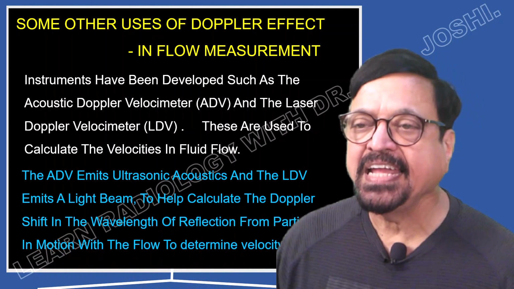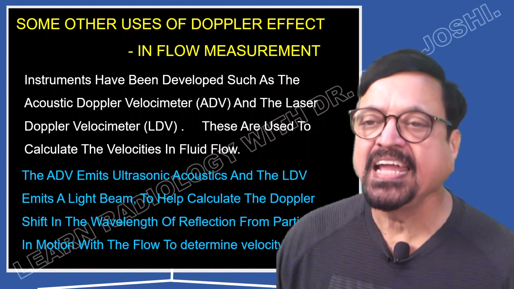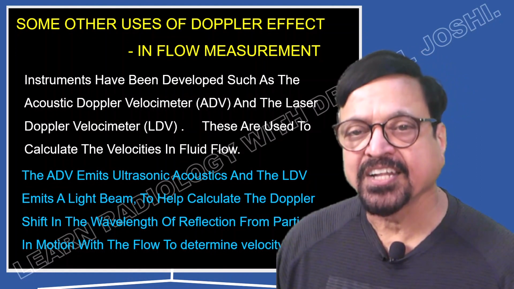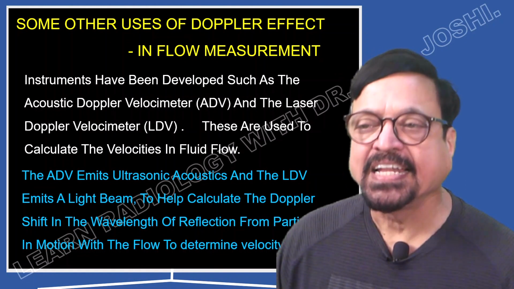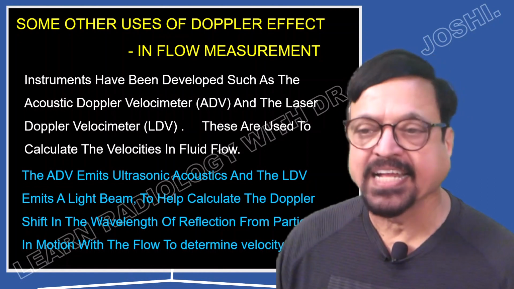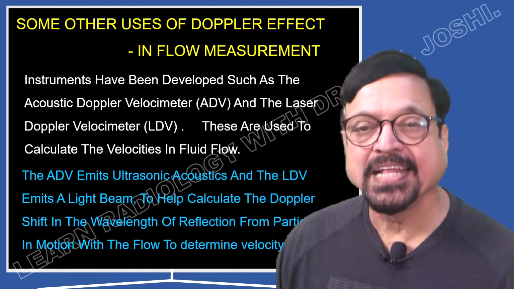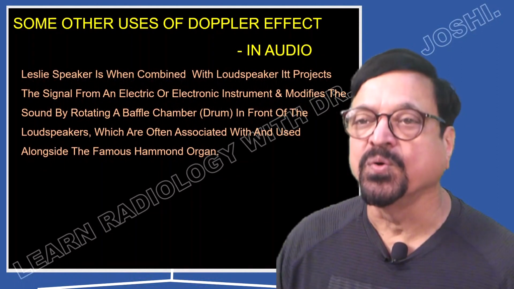Now the ADV emits ultrasound acoustics and the LDV emits light beams. So there is a difference between these two. One emits ultrasound waves and the other emits a light beam. That calculates the Doppler shift in the wavelength of the reflection from the particles moving with the flow to determine the velocity.